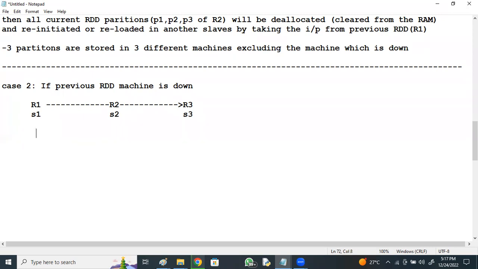Now try to answer this: during execution of R3, while taking input from R2.